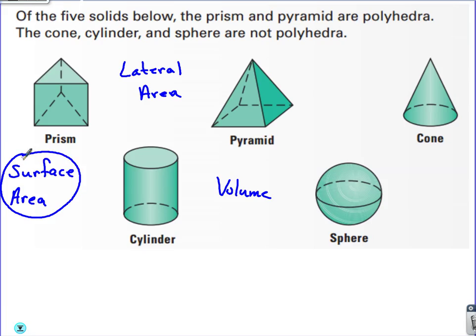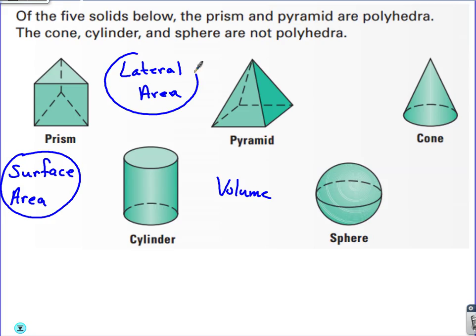To find surface area, and honestly, if you understand what I'm about to say, this chapter might be pretty easy too. To find surface area, well, this first prism has 5 surfaces, has 5 faces. Everybody see that? If you find out how big those 5 faces are and add them together, that's your surface area. That makes sense. That's the area of all the surfaces.